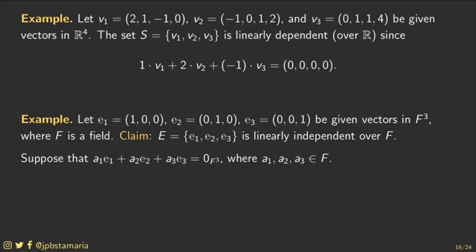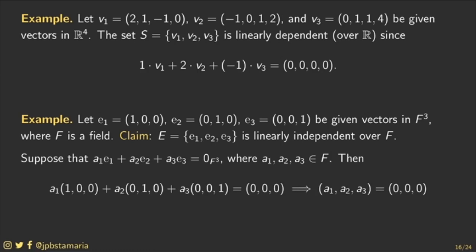So we suppose that this linear combination is zero. We want to show that each of the ai's is zero. When one simplifies the left-hand side, you get the following. And therefore, that implies a1, a2, and a3 are all zero.